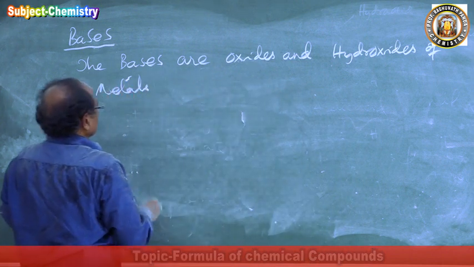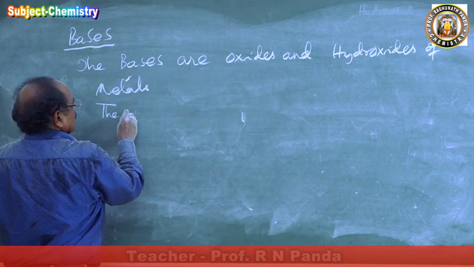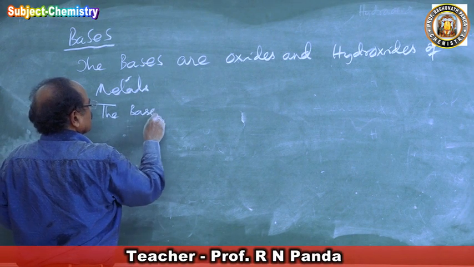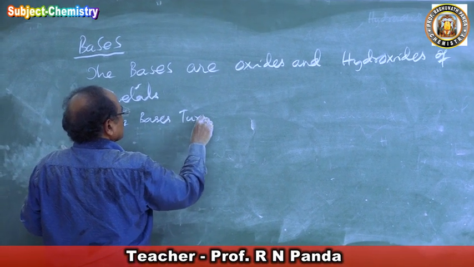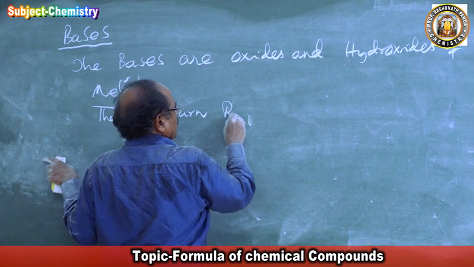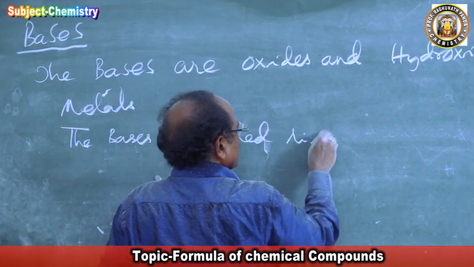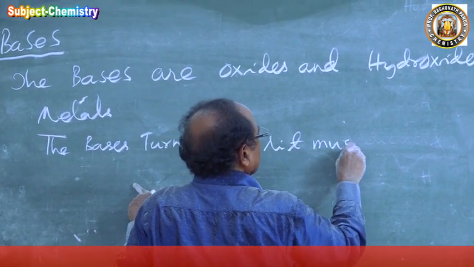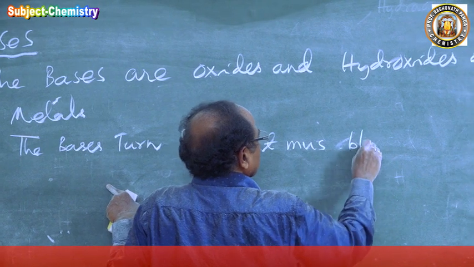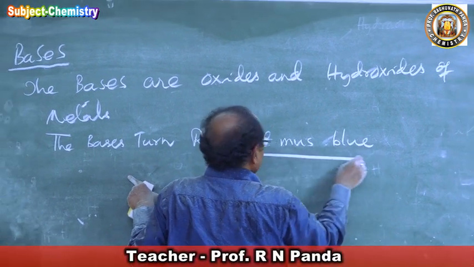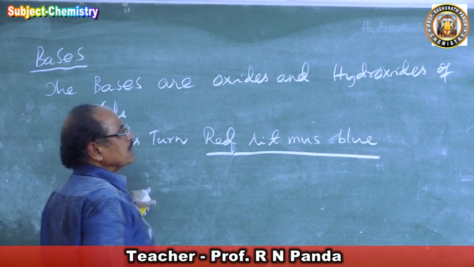So they are basic. Bases turn red litmus blue. Acids turn blue litmus red.